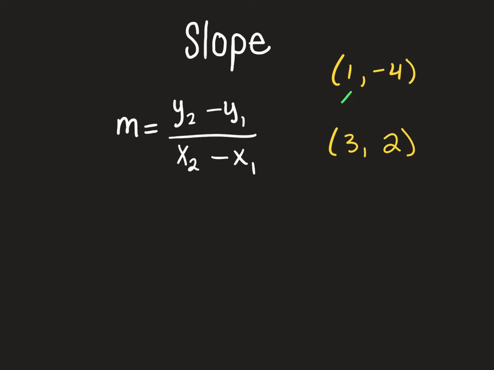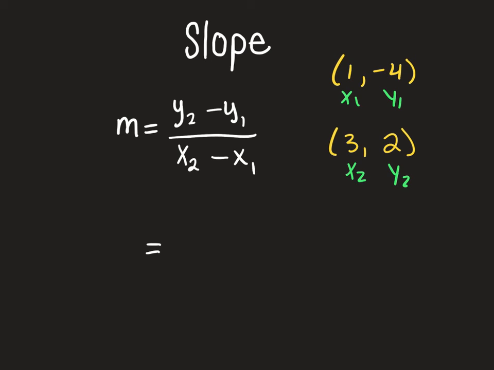Again, we have x1, y1, x2, y2, and we plug in these numbers. You'll notice that the variable for slope is a lowercase m, because we use a lowercase s for a lot of other things in geometry and algebra. So the variable for slope is always a lowercase m.